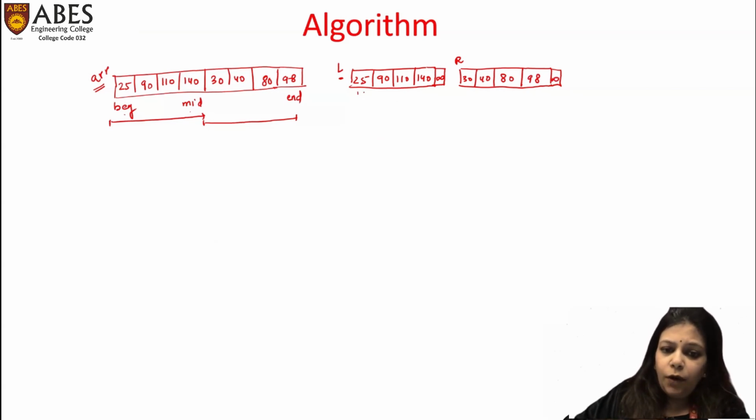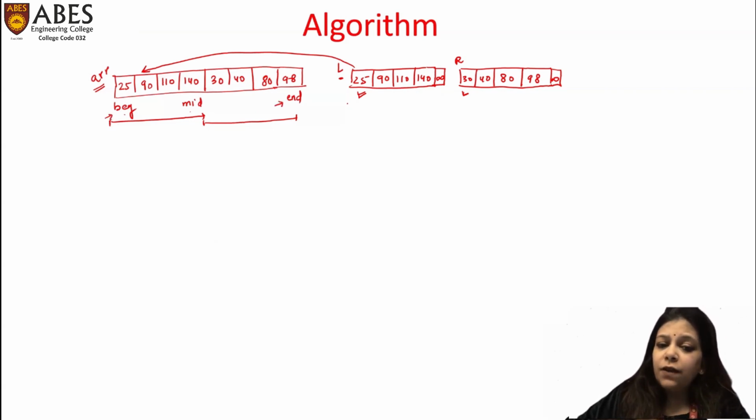Then we will keep comparing each element of left with right, and whichever element is smaller, we will store that element back into the array, starting from the beginning till the end, right?